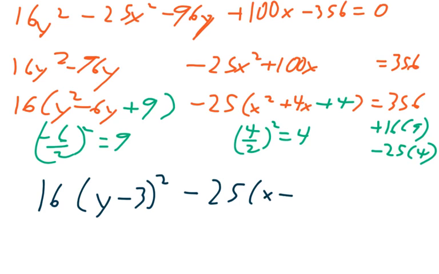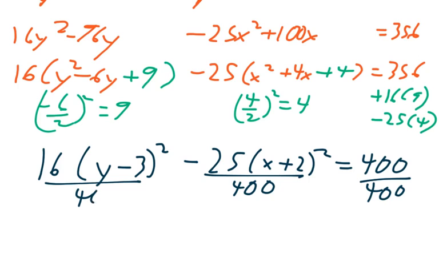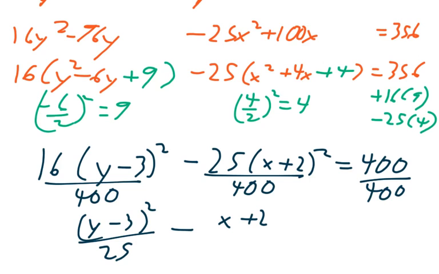Two numbers that multiply up to be 4 and add up to be 4 equals 400. Divide everything by 400. And we got y minus 3 squared over 25 minus x plus 2 squared over 16 equals 1. And that is standard form.